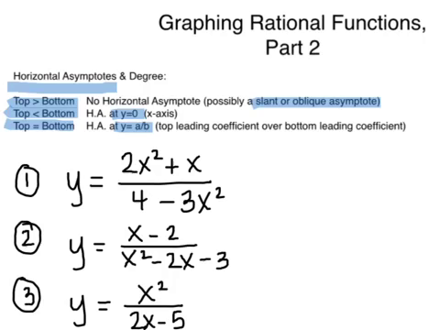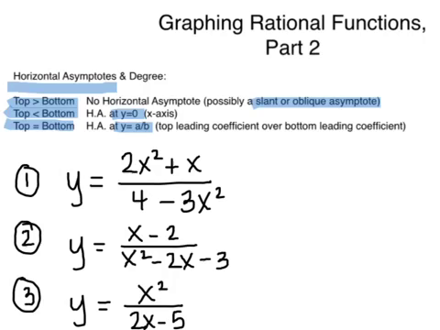We did that in the previous example in the other video, where the top leading coefficient was a 1 and the bottom leading coefficient was a 1, so we put 1 over 1, and that was y equals 1, the horizontal asymptote. They won't always be 1s, they could be all different numbers, and we'll see in our 3 examples below.